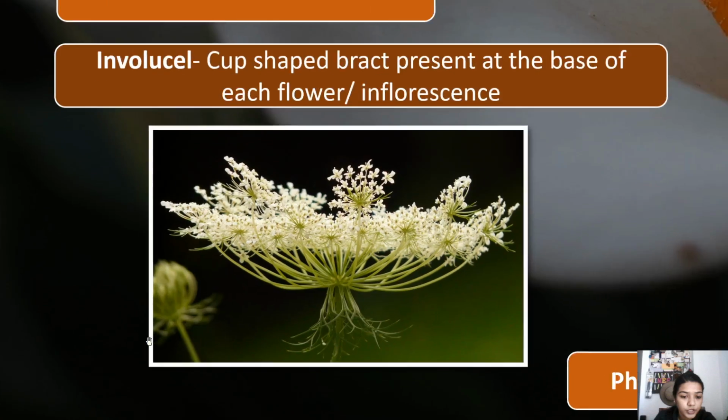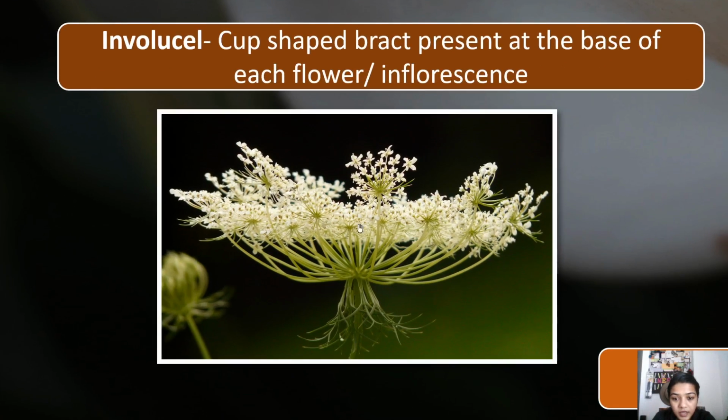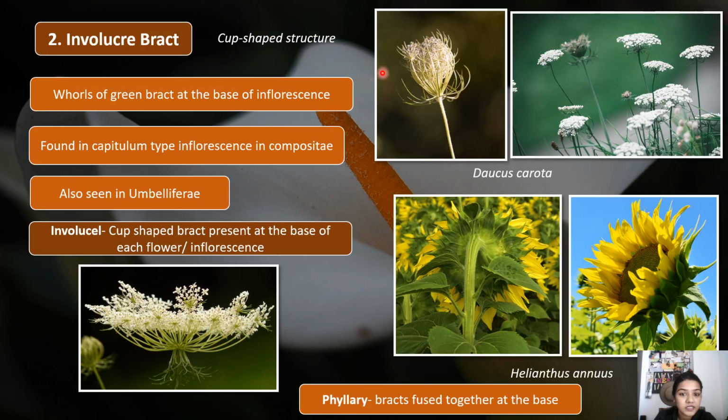Let us take a look into this figure. ये पूरा inflorescence है, ये involucre bract है, right. और ये जो है हर एक flower के नीचे भी आप देख सकते हो कि bracts present हैं, छोटे छोटे bracts दिखेंगे, right. So this is called involucel, right. तो when it is present below a flower, a single flower, it is called involucel, and when it is present below an inflorescence, it is called an involucre bract, right.